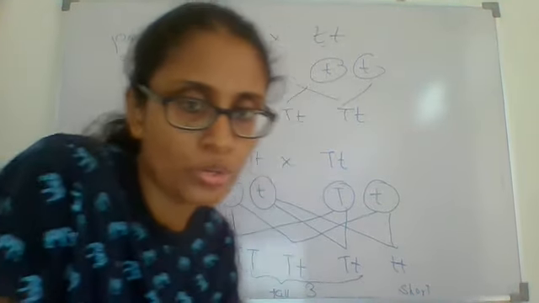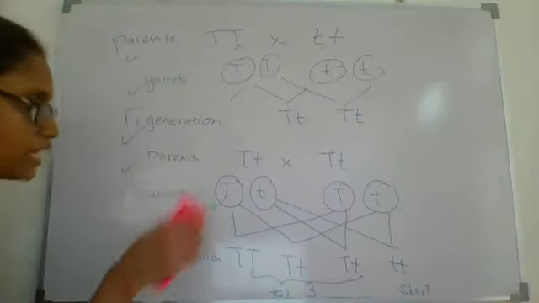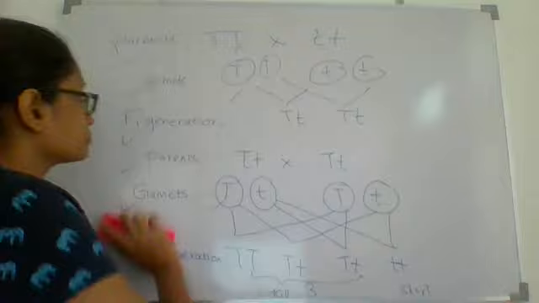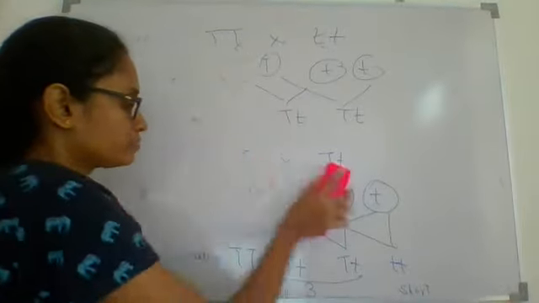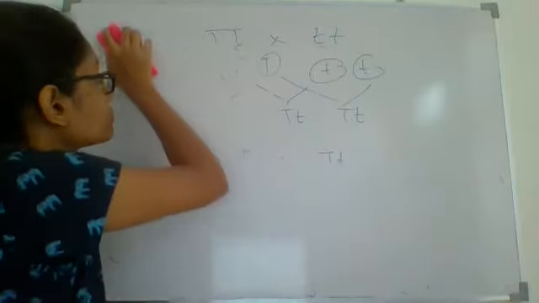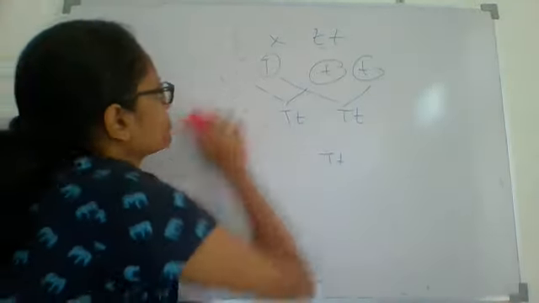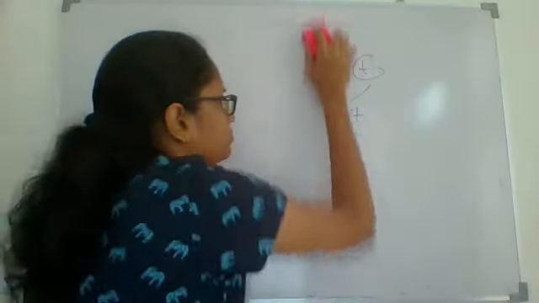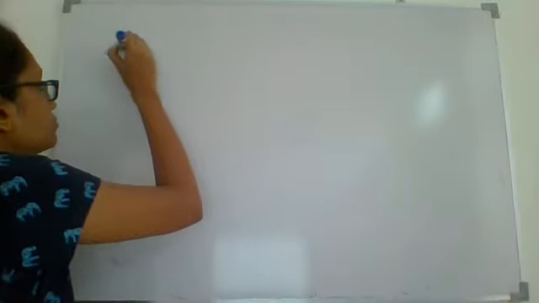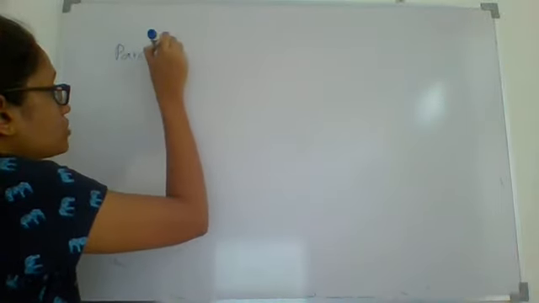Right? So you have the same thing, you will put this into a square. So you have parents or P generation.